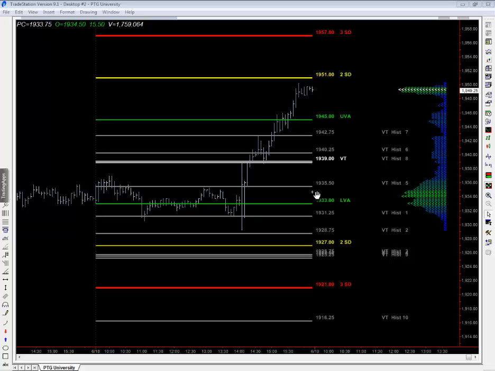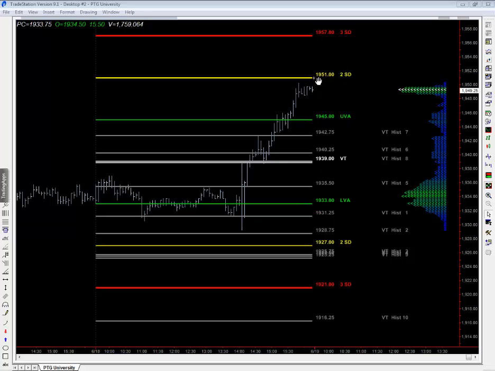So the value area is that 70% of the majority of the volume. It does not have to be the highest volume node, but it's the 70% of all the total volume on that particular day. Now that's one standard deviation away, above and below.